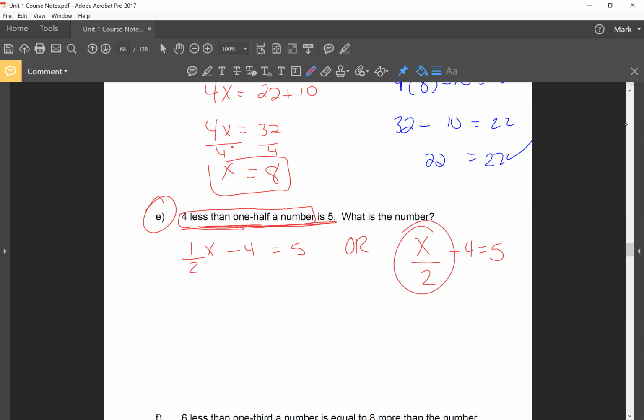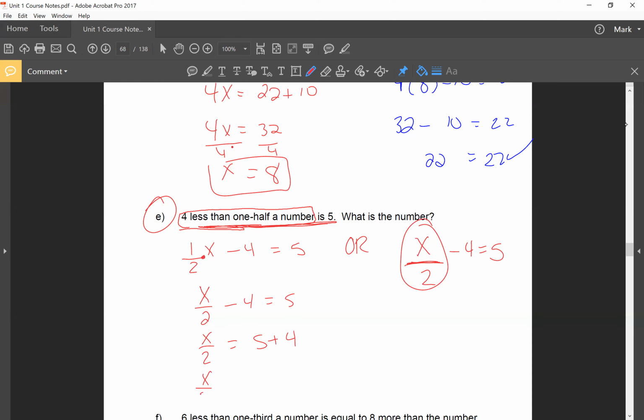Now, where did this x divided by 2 come from? I just multiplied this out, right? 1 over 2 multiplied by x is the same as x over 2, or 1x over 2, whatever you want to call it. So x over 2 minus 4 equals 5. x over 2 equals 5 plus 4.